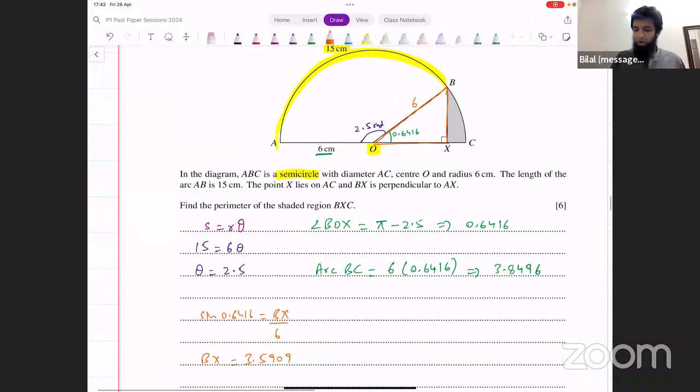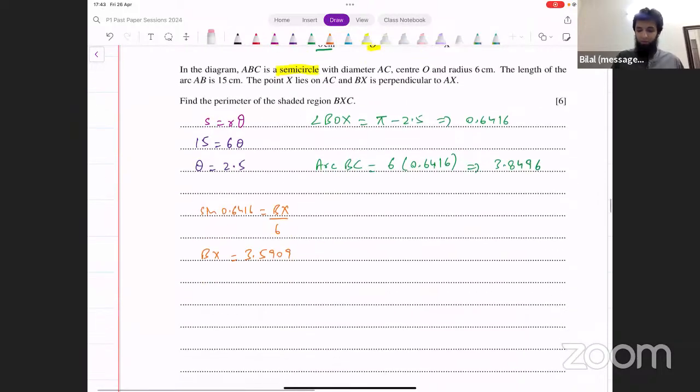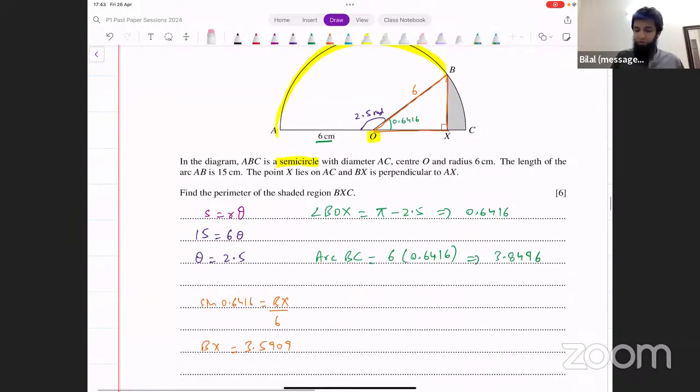Now we also want XC. For XC, what we can do now is find the length OX first, and subtract OX from OC. OC is the radius. Let's find OX first of all. What would OX be? For OX, we can use cos.